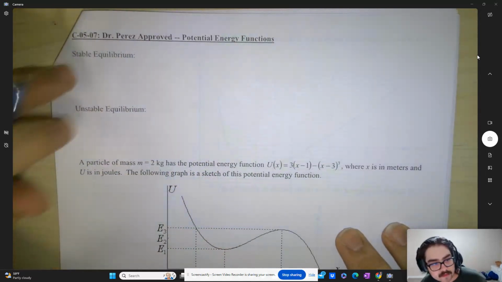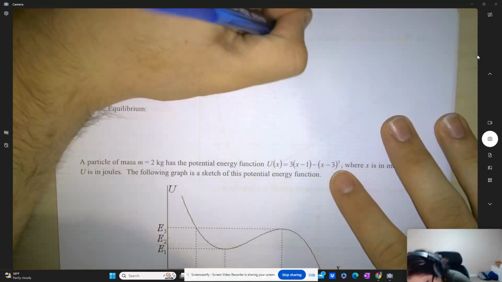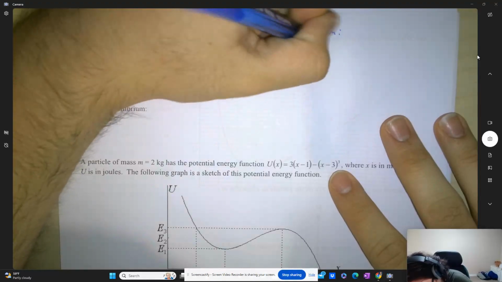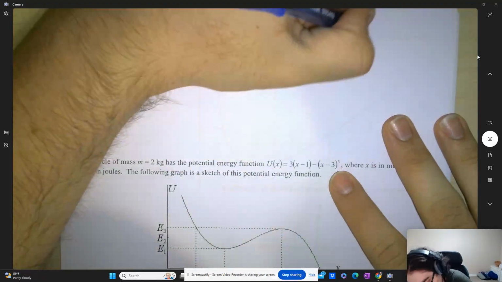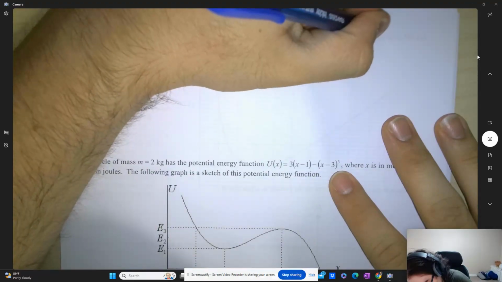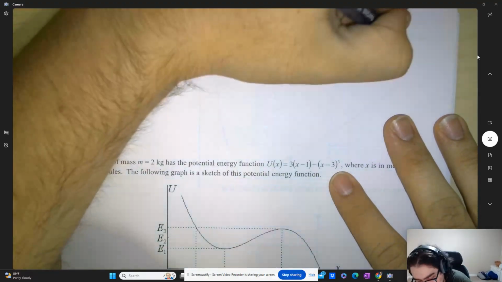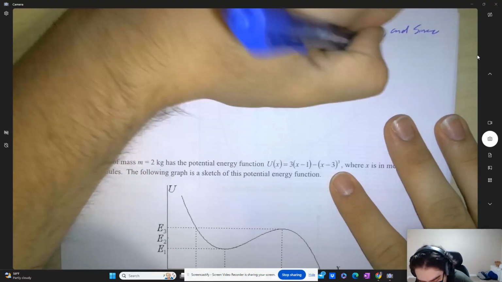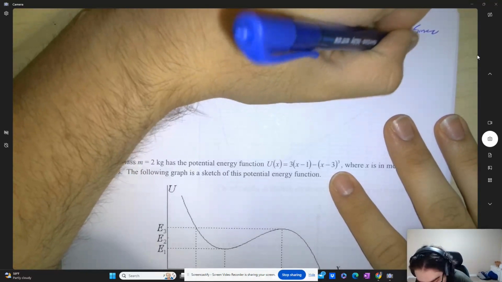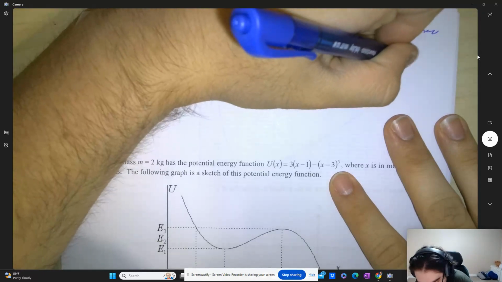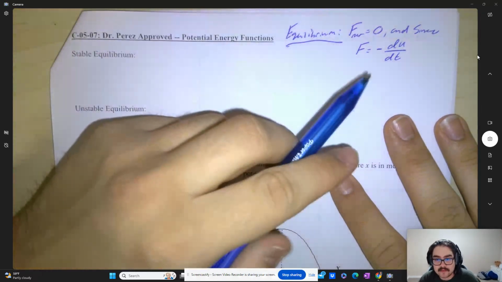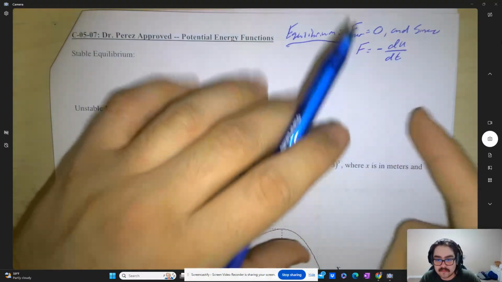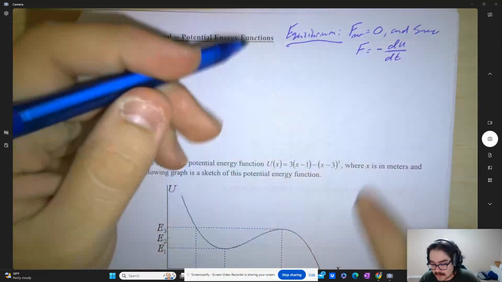Really quickly, I'm going to talk about stable and unstable equilibrium, but I need to talk about equilibrium. Equilibrium is where the force is equal to zero. The net force is equal to zero. And since force is equal to negative dU over dx, which is something that we learned in the previous section, I actually haven't made the video for the previous section yet as of the time of recording this, so maybe it doesn't make sense right now.